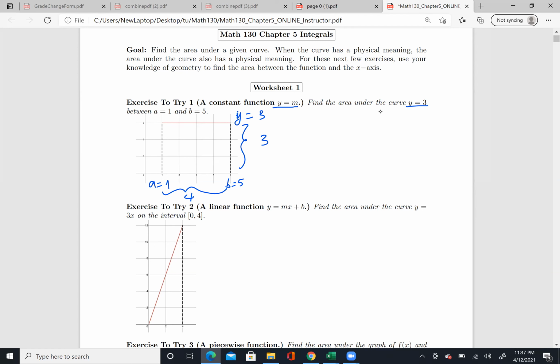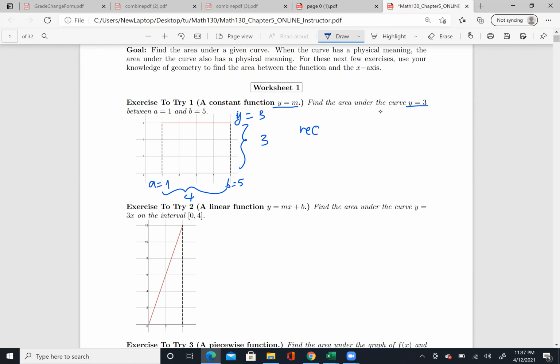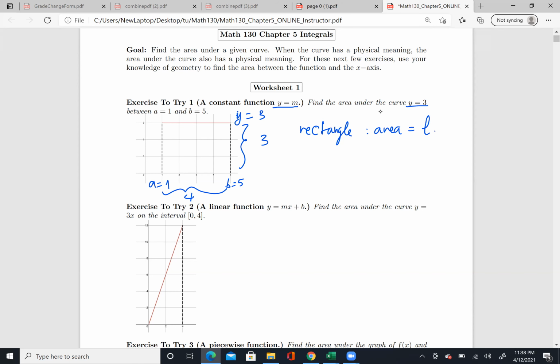So the area is length times width, or so I'm going to say base times height, which equals 4 times 3 equal to 12. That's the answer.